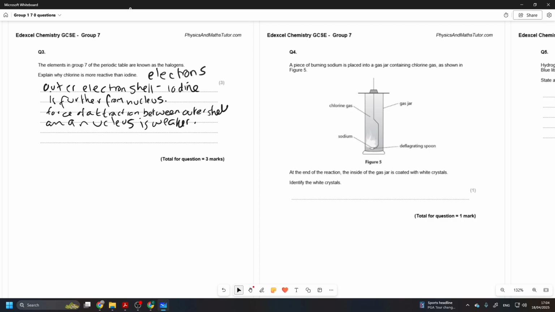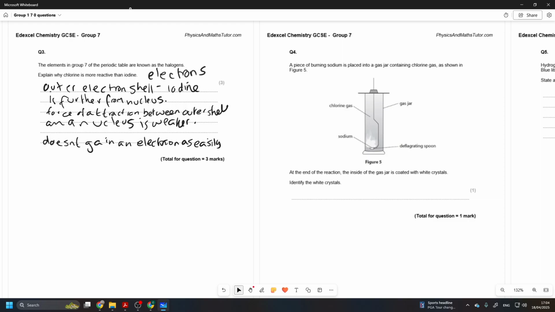So what does that mean? What's iodine going to do? It's got 7 in the outer shell. Is it going to lose 7 or gain 1? Yes, it's going to gain 1. So it doesn't gain an electron as easily. Now, that explains why iodine is less reactive.